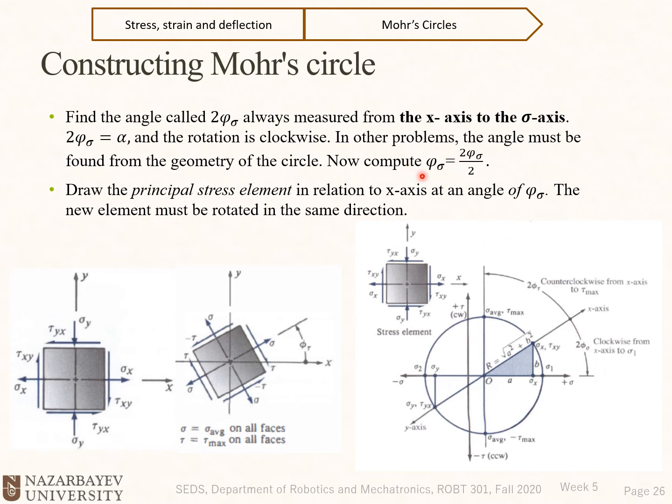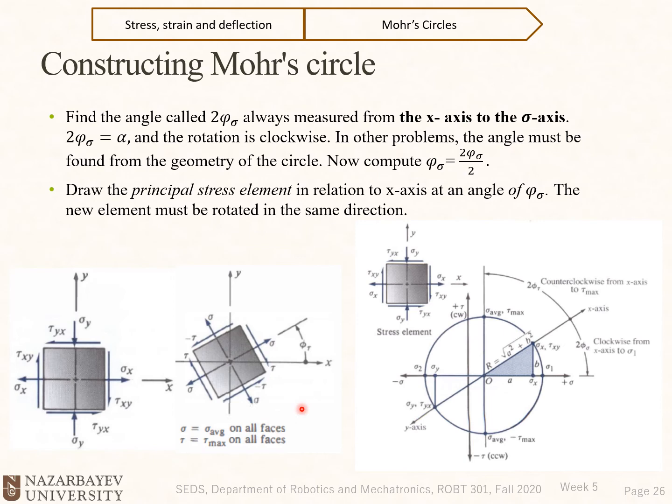Now compute phi sigma as 2 phi sigma divided by 2. What is important for us is phi sigma. All the angles in the Mohr circle are twice the real angles in element rotation.